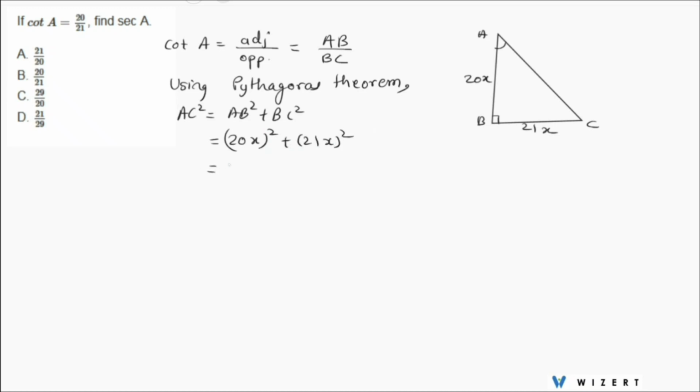So that is equal to 400x square plus 441x square, which is equal to 841x square. 841 is 29 square, so AC is equal to 29x. It will be negative as well, but since this is length, we discard negative values.